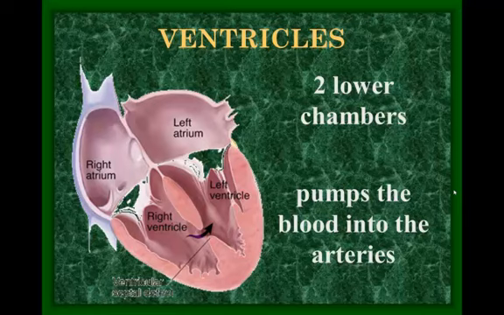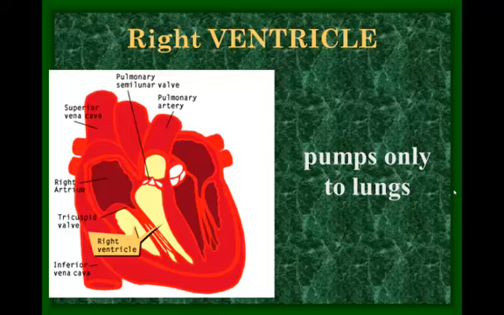So now think about the blood that's in the right atrium. It's deoxygenated. So it is going into the right ventricle. It's oxygen-poor blood. So do you think that blood is going to be pumped to the entire body? No. It's got to get oxygenated.